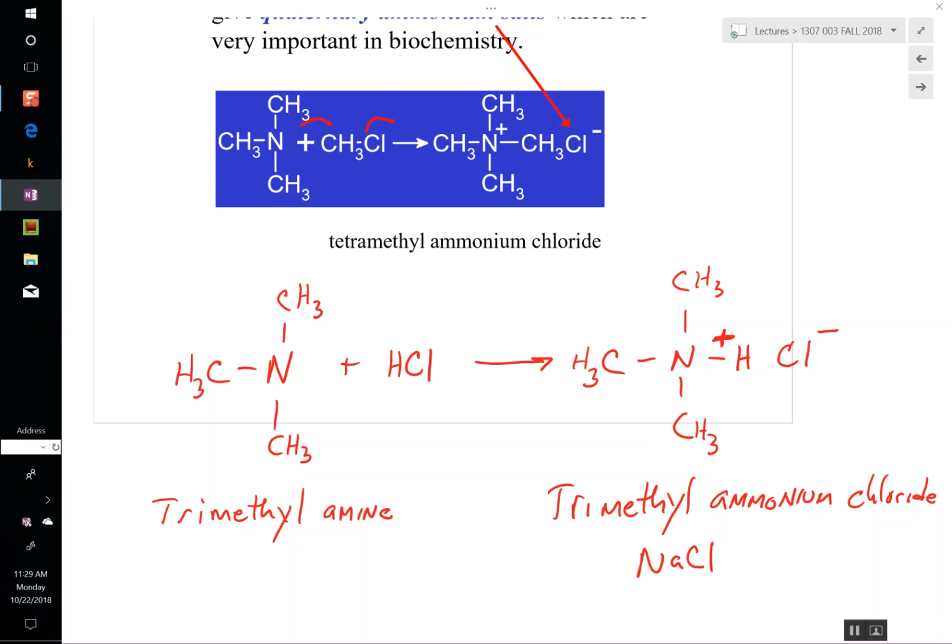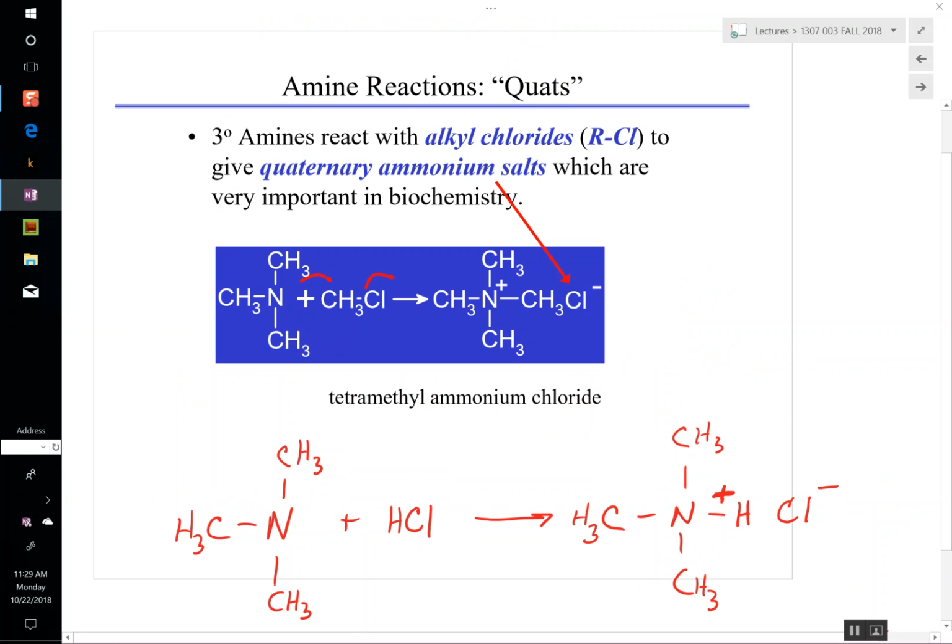Okay, now I put this right here because I want you to see. Here I got HCl. What do I have here? Methyl Cl, methyl chloride. I don't have HCl, I got methyl chloride. And if I do a comparable thing, if this nitrogen now pulls that methyl group onto the nitrogen and leaves the carbon-chlorine bond behind to make that a chloride ion.